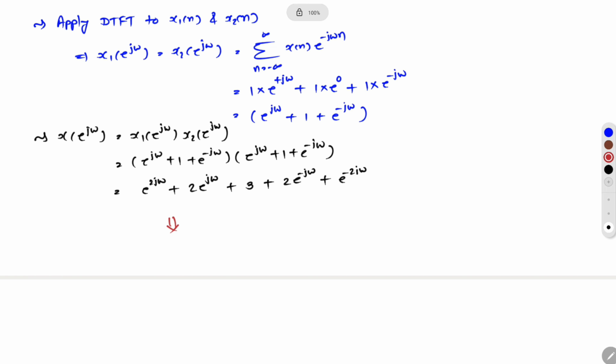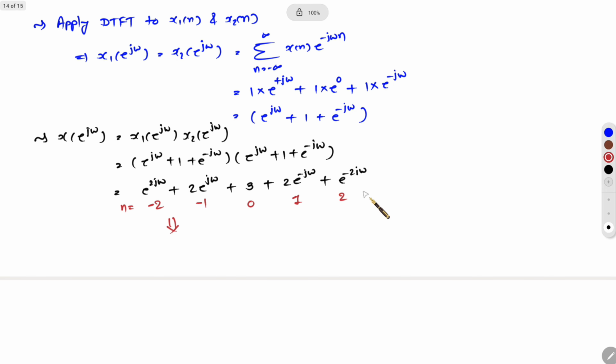So if you talk about the value of n, then see here we have the center where n is 0. Here we have n minus 1. Here we have n that is minus 2. Here we have plus 1 and here we have plus 2. So based on this, one can say x of n has one coefficient over here at n equals minus 2. Then we have two coefficient.